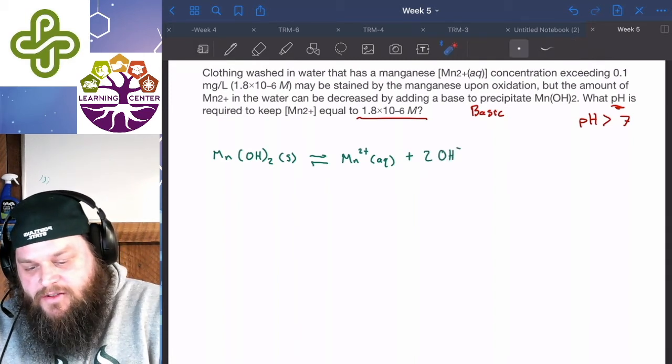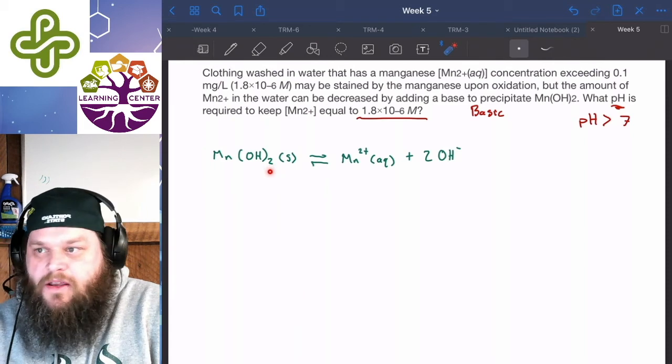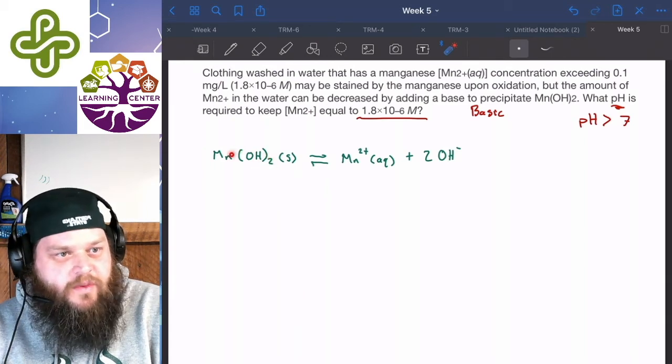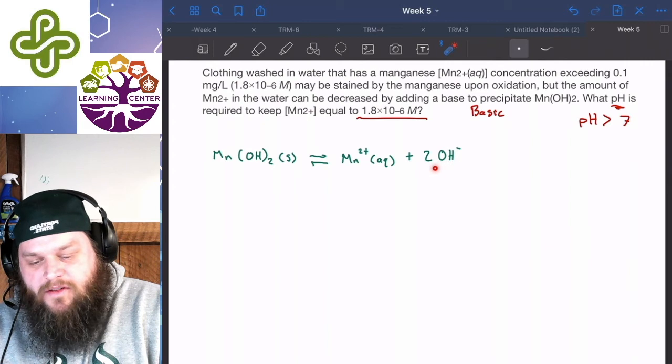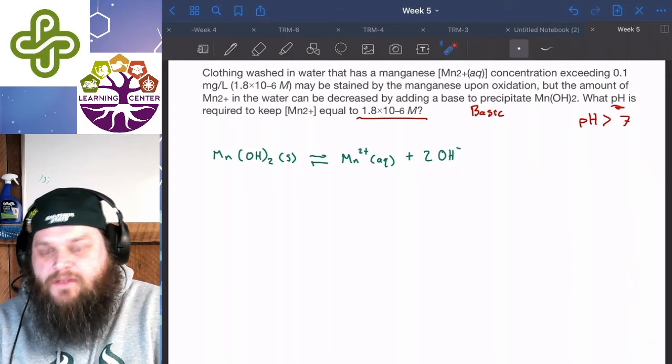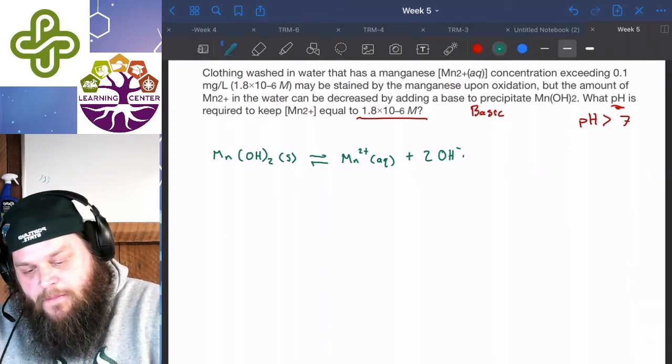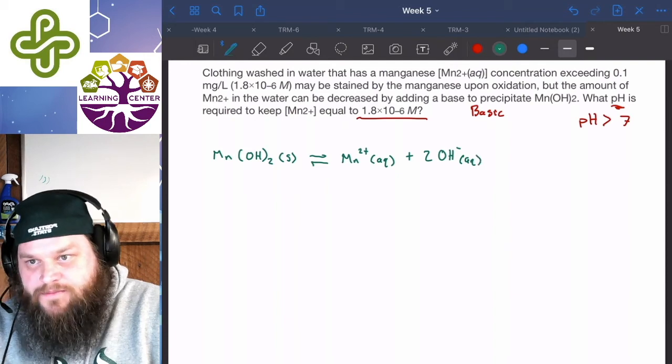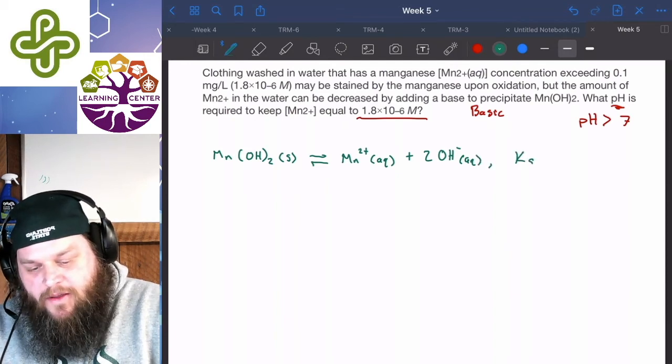Notice again it's 2 because there are 2 hydroxides within this solid, so once it's dissociated, we have twice the concentration of them. And writing the Ksp value out, Ksp is going to be equal to 2 times 10 to the negative 13.